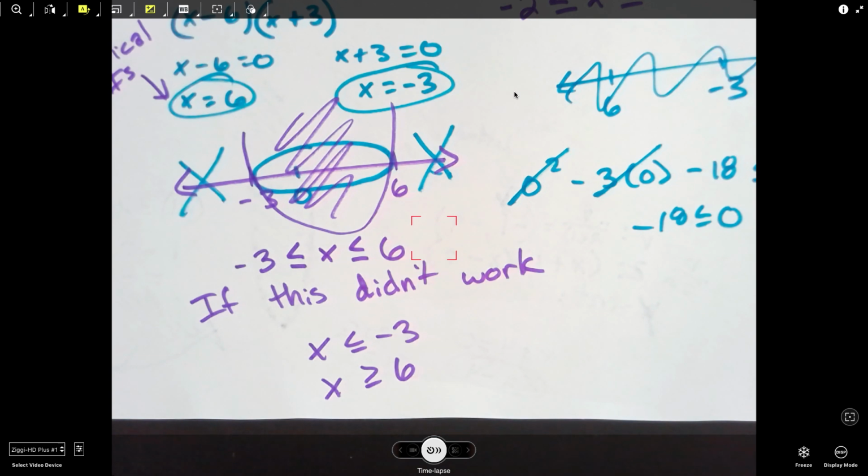Plugging in 0 is a very nice number because then you can just compare the 18 to the 0 on the other side. That makes it really nice. Does that make sense? Is 0 your X or your Y that you plug in?